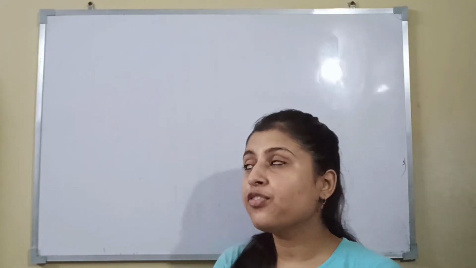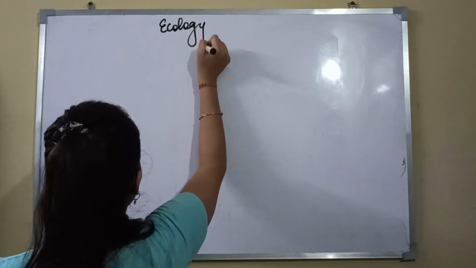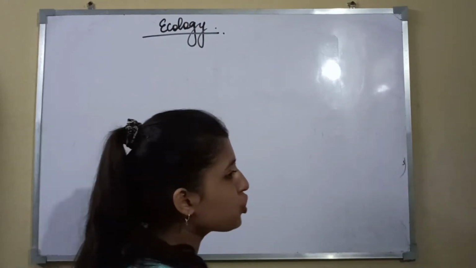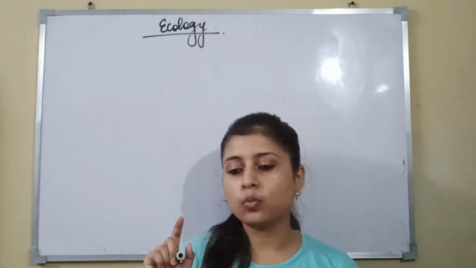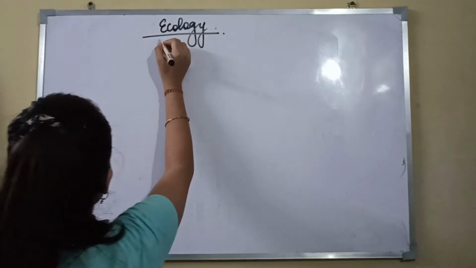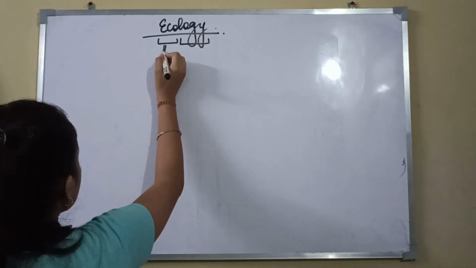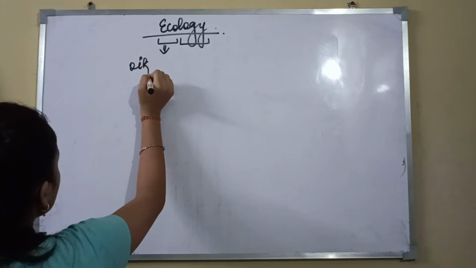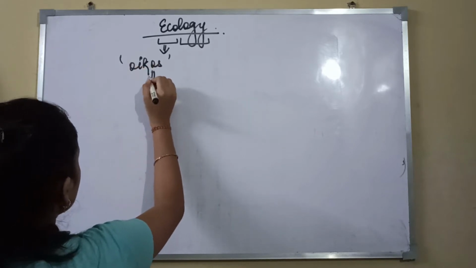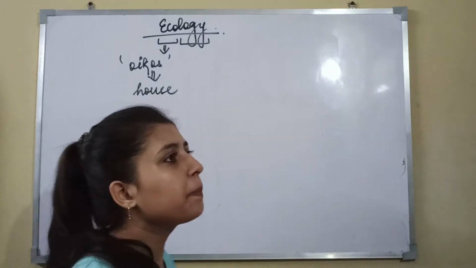So if we are talking about ecology, then you should know what it actually means. Ecology is derived from two words, eco and logy. Eco is derived from a Greek word, oikos, which means home or house or dwelling place.